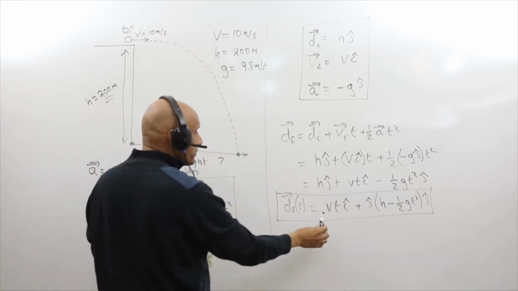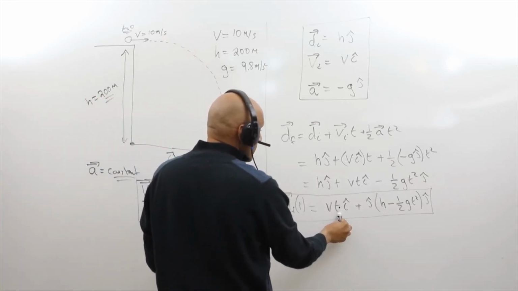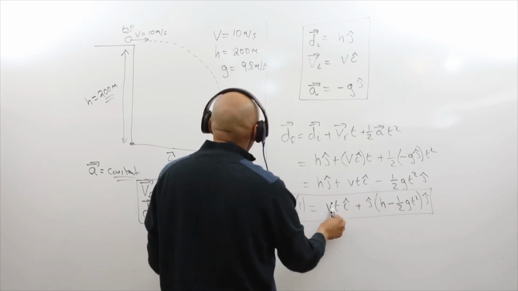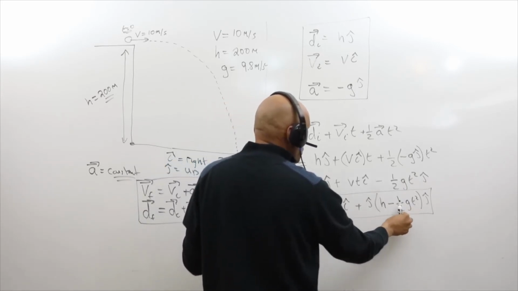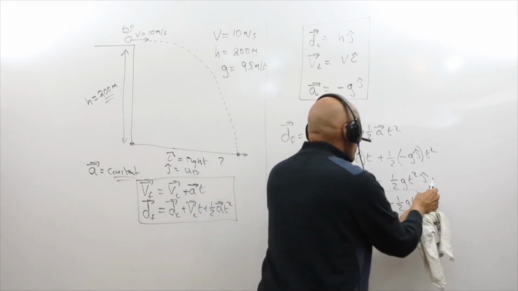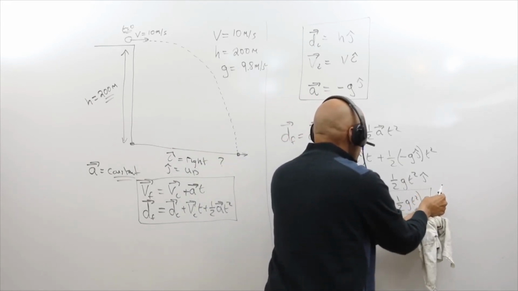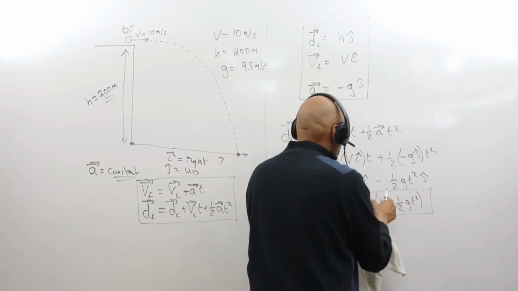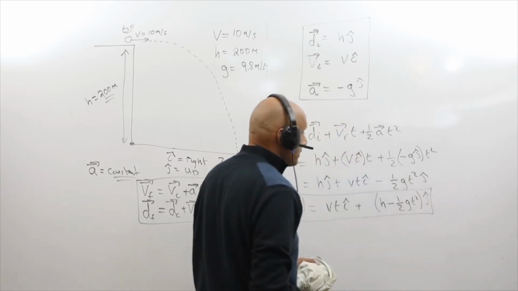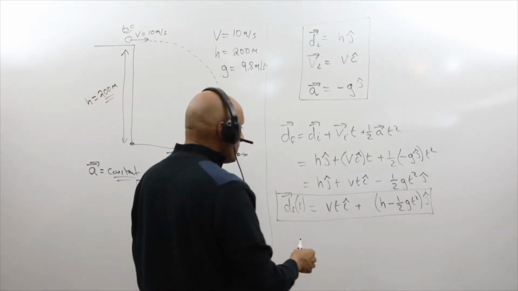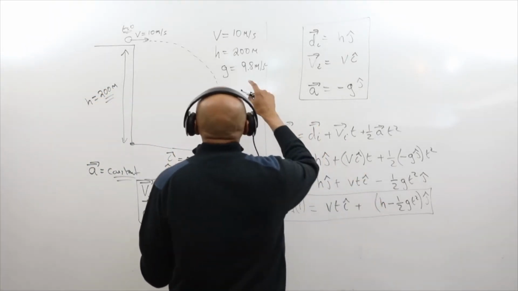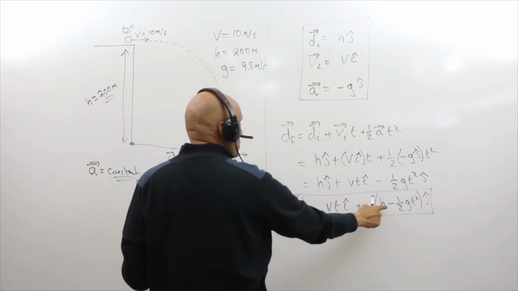For example, when t is equal to 0, the position is 0 i, or 0 to the right, and hj. Oops, I wrote down j twice, so that's a mistake. Let me take that off. Actually, let's put the j on the end, so it might look nicer, but the order doesn't matter. So if t is equal to 0, you're at the initial position of 200 meters up, hj.